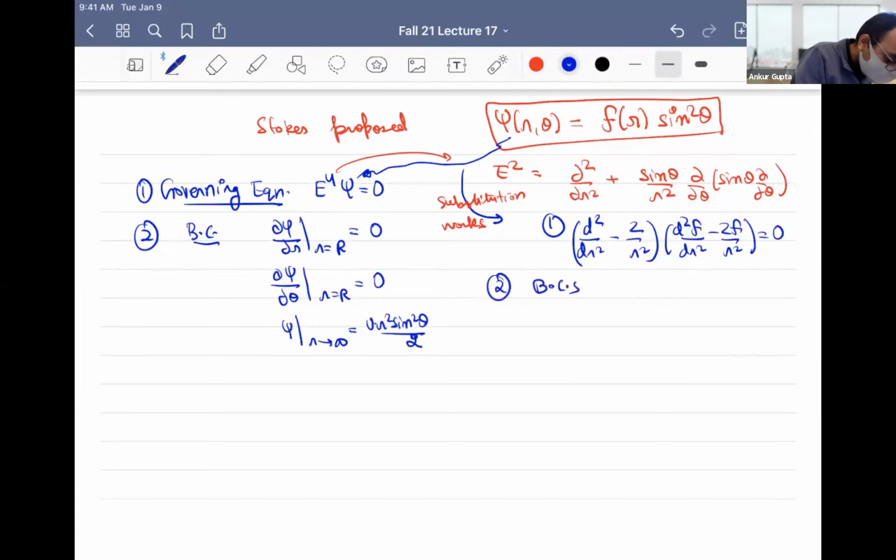Now the boundary conditions will become del psi by del r, which, if you clearly see, is simply df by dr at r equal to capital R is 0. Then if you differentiate with theta, you get something in theta, so you get f of r equal to 0 at r equal to R. So that's the second boundary condition. Then finally, when r goes to infinity, you get U r square by 2.